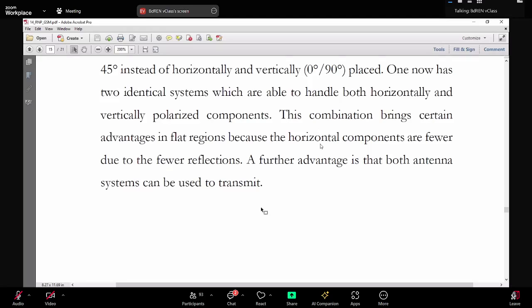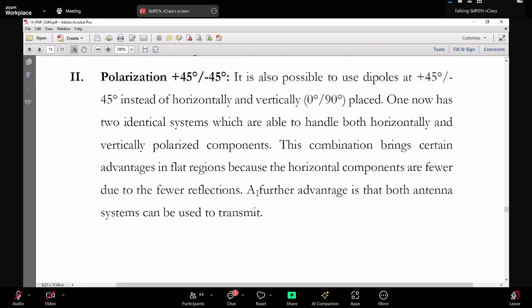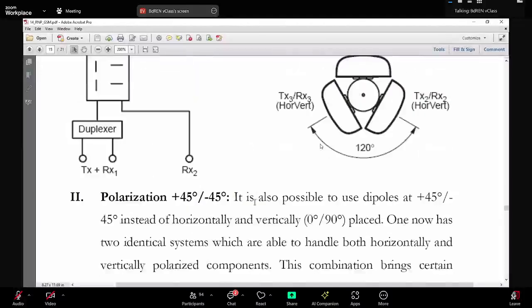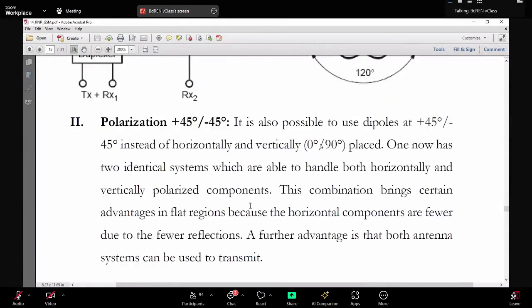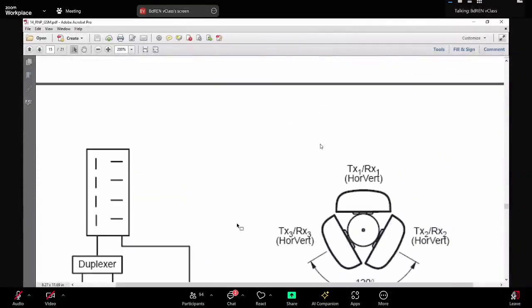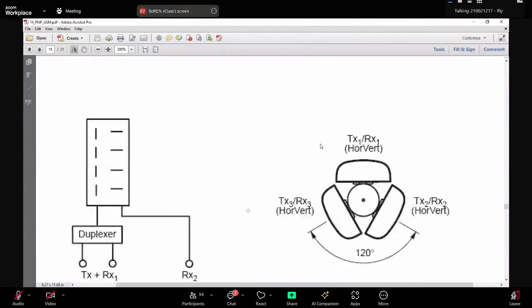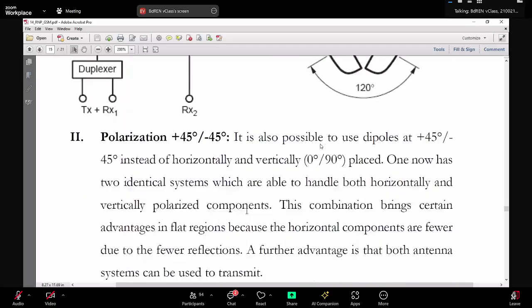So that varies among the phones, but it's close to 45 degree, whether left or right. So this is why, for cellular cases, plus 45 minus 45 works better than the combination of horizontal and vertical.